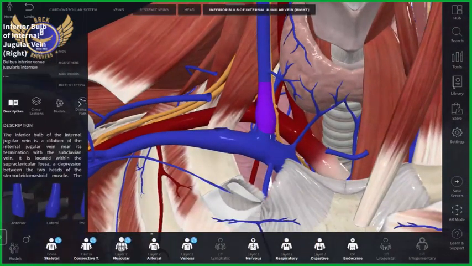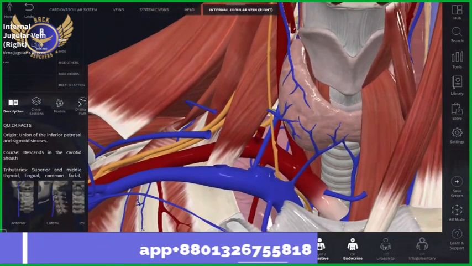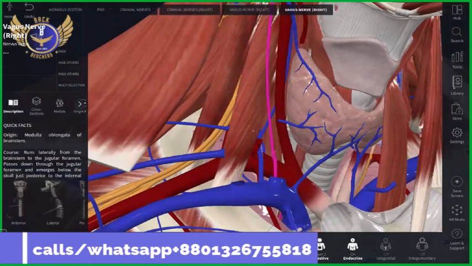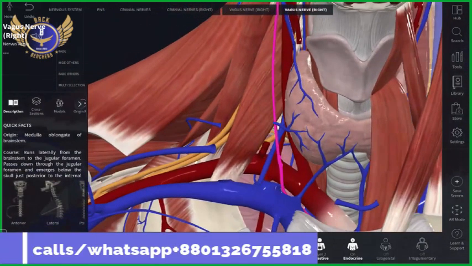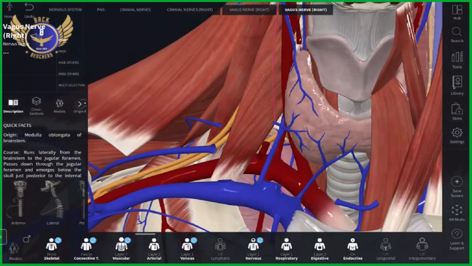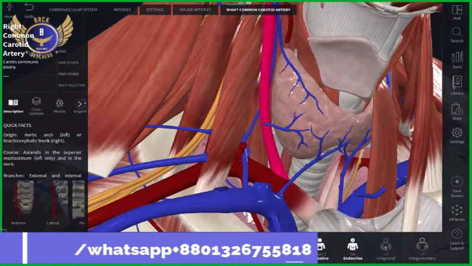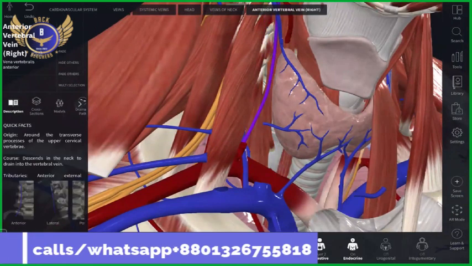Now, I'll be removing this thing, and you can see very carefully that a beautiful nerve is over it. Wait, this is inside the carotid sheath. Let's just remove that.